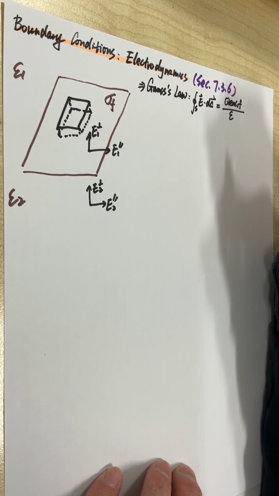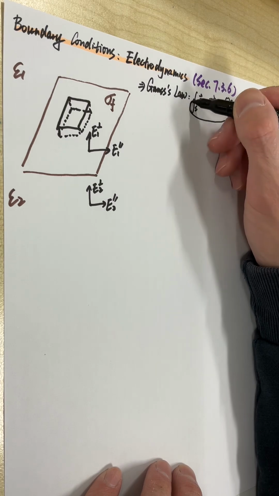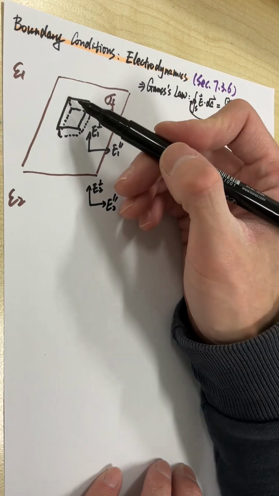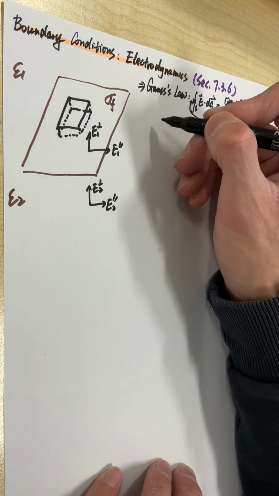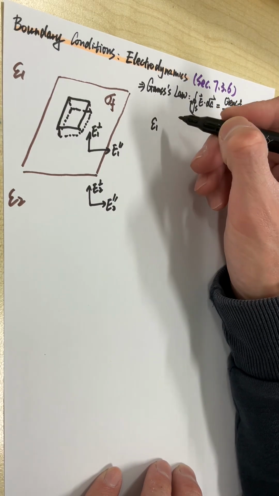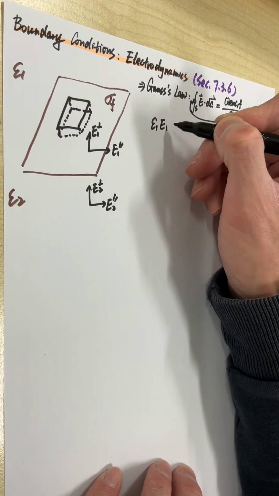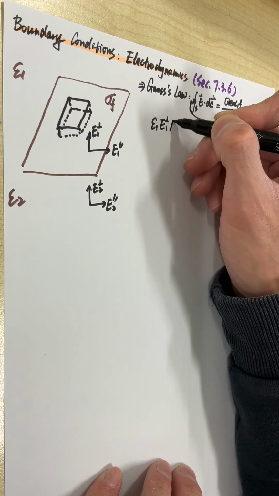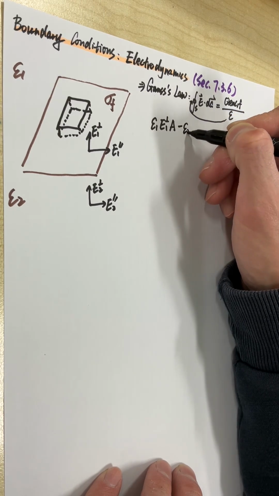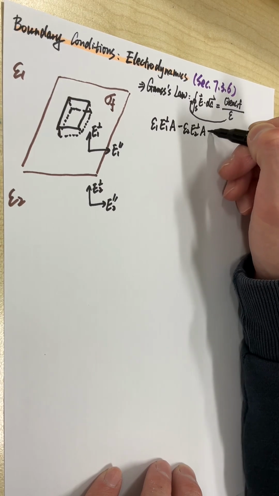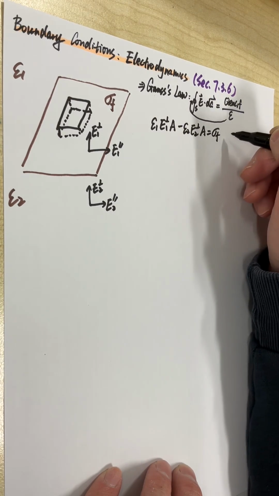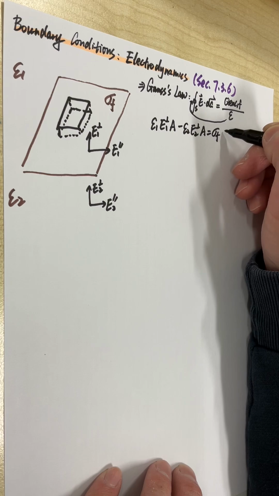If we move epsilon to this side, when we observe the upper area and lower area, we have epsilon 1 E1 normal component A minus epsilon 2 E2 normal component A equals the total charge enclosed.